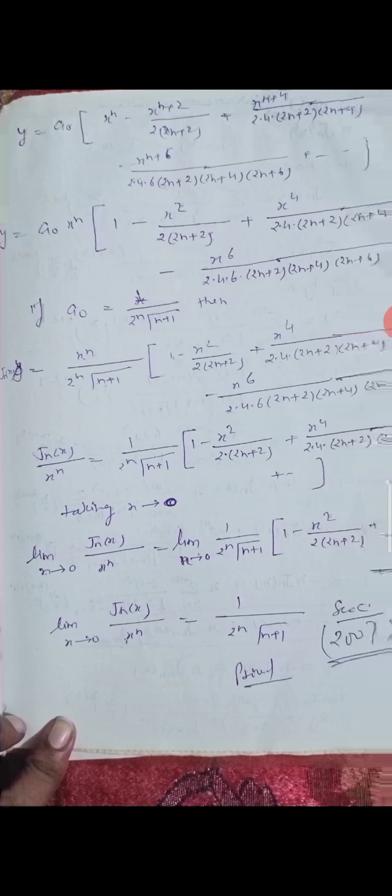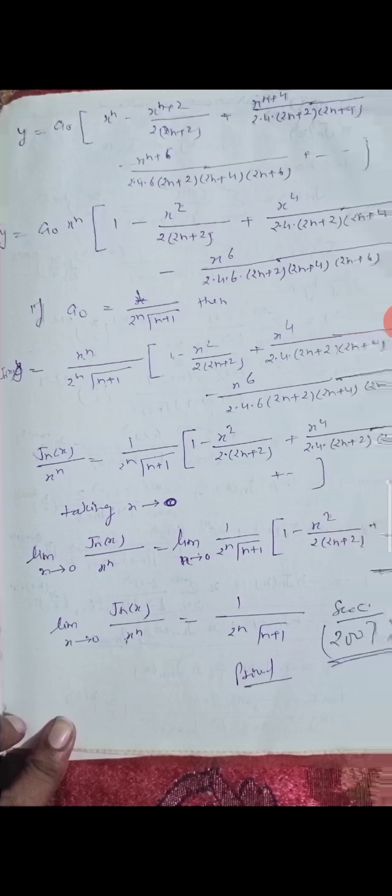Now this can be written as Jn(x) upon x to the power n is equal to 1 upon 2 to the power n gamma n plus 1 in bracket 1 minus x square upon 2 into (2n plus 2) plus x to the power 4 upon 2·4 (2n plus 2)(2n plus 4).